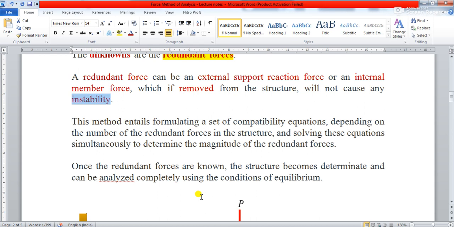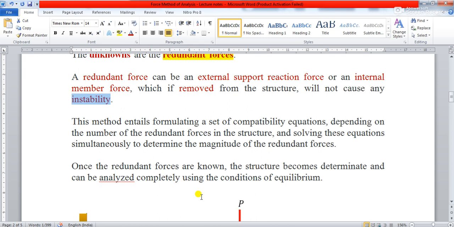So let's assume that you are having three redundants in a structure. So you know three redundants means three unknown either external support reaction forces or internal member forces. So after removal of those three redundants, you will be getting three compatibility equations.